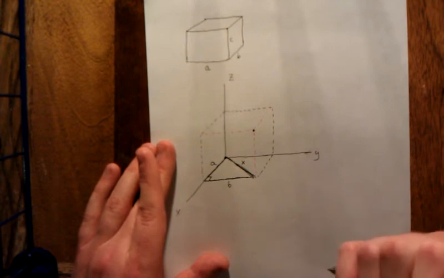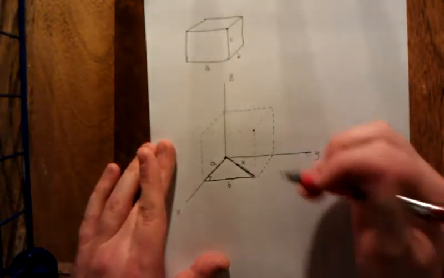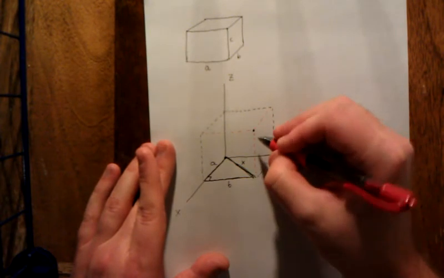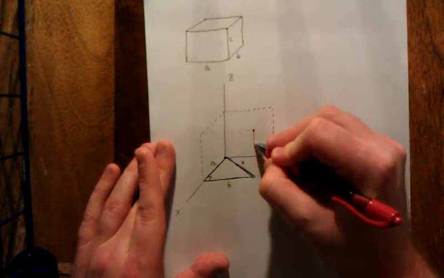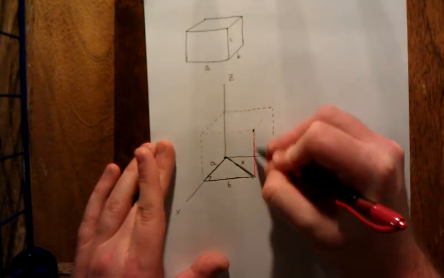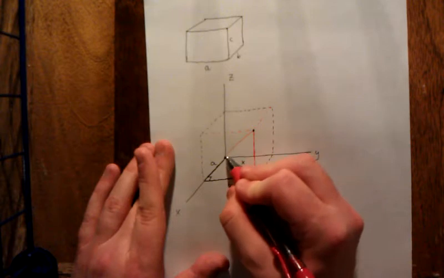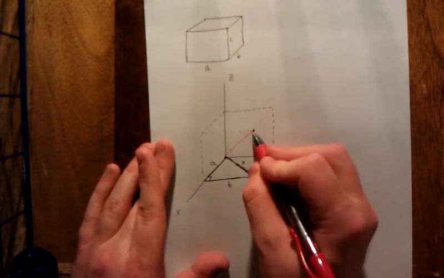I'm going to draw one more triangle in here that'll also be of significance to us, and we're going to draw the second one in red. The second one is this side right here. I'm going to connect that with the side labeled x, and I'm also going to connect that point with the origin down here.